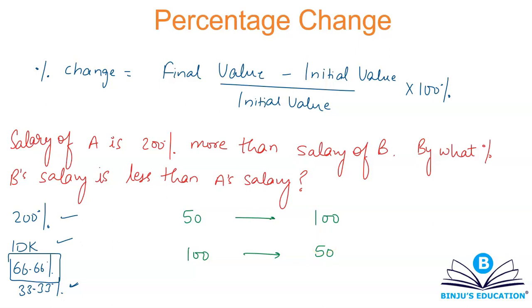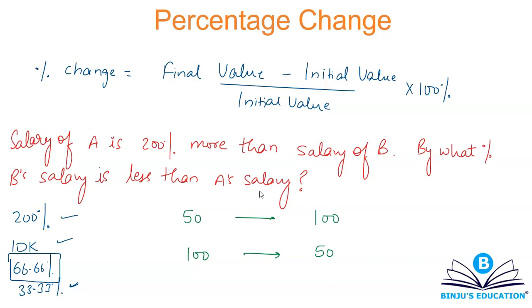If I ask you that going from 50 to 100, what is the percentage change or the percentage increase? Or in simple words, 100 is what percent more than 50?